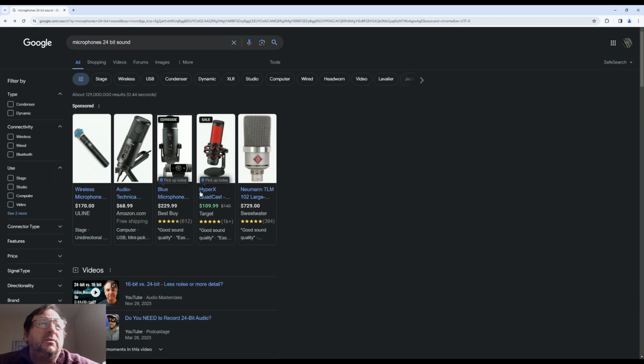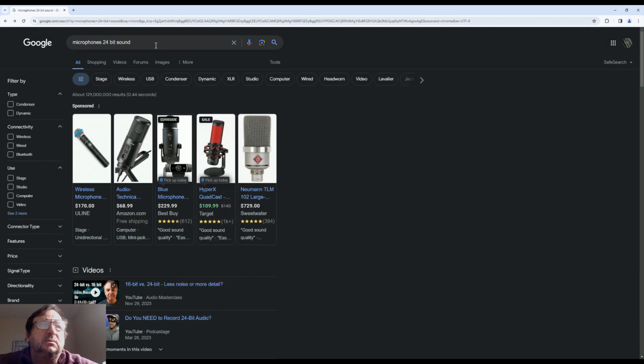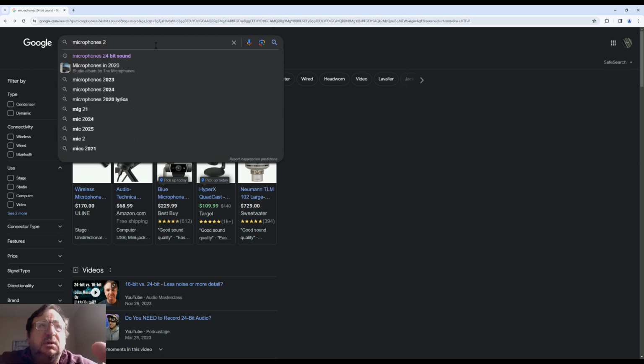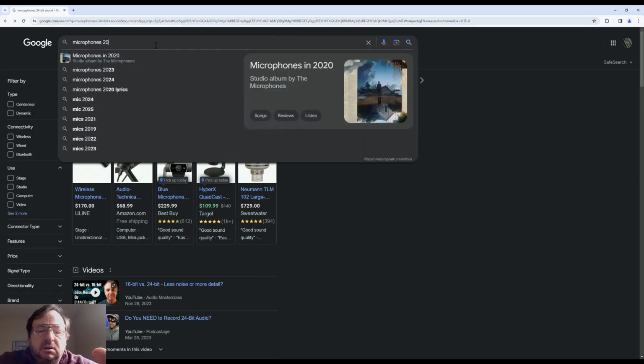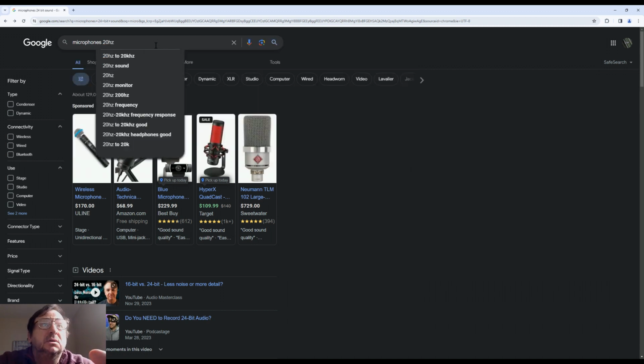So when you look at microphones, there is what they call a frequency. So suppose microphones, 20 hertz to 20 kilohertz.